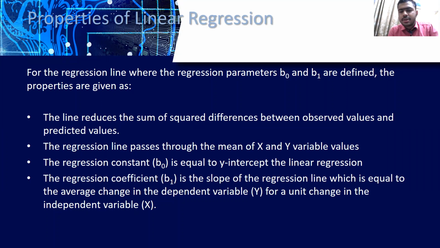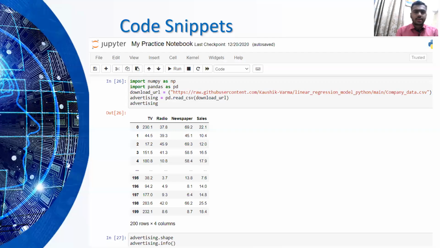The regression constant b0 is equal to the y-intercept of the linear regression. The regression coefficient b1 is the slope of the regression line, and it's equal to the average change in the dependent variable y for any unit change in the independent variable x, which means that if we change the values of x, the values in y will automatically change as y is dependent on x.